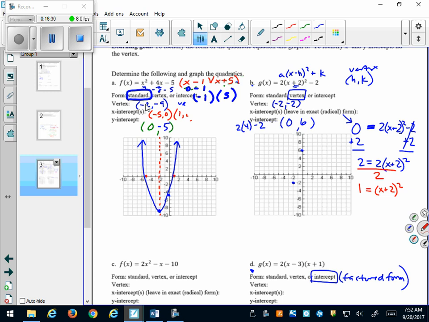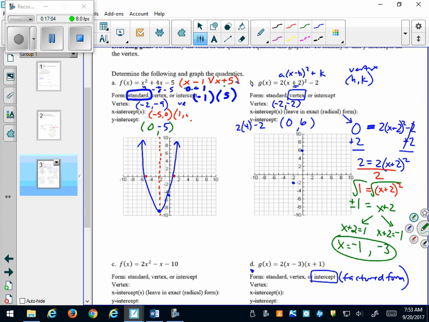Now what do we do? Square root both sides. We get x plus 2 on one side. What do we get on the left? Plus or minus 1. So again, we have to solve this twice. x plus 2 equals 1, and x plus 2 equals negative 1. Subtract 2 from both sides, you get negative 1 here and negative 3 here, and that's your x.